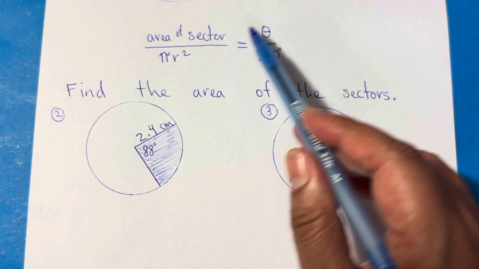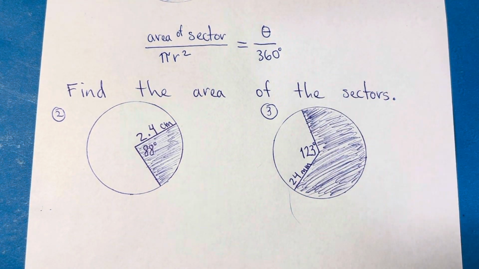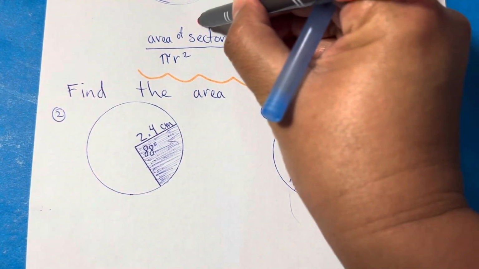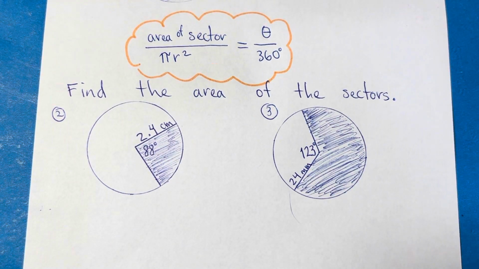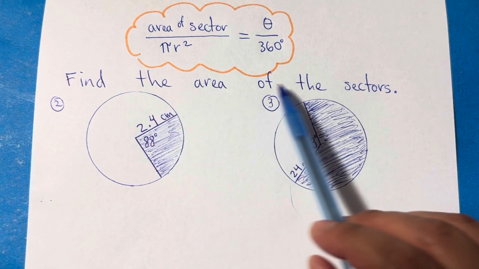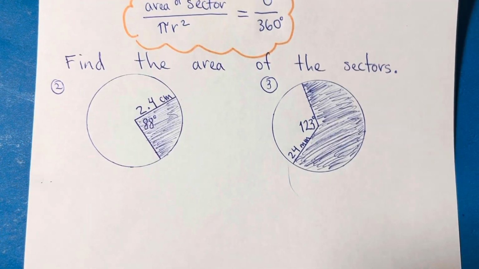So this is part of the whole and part of the whole, only that this is in area and this is in degrees. Now that we have that formula, we can just substitute whatever information we have. And for this lesson, every time we'll be finding the area of that small sector.